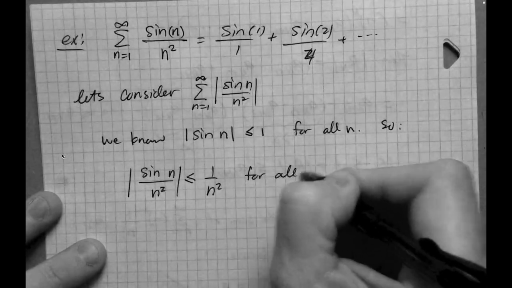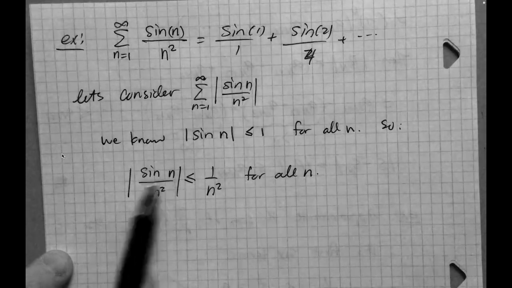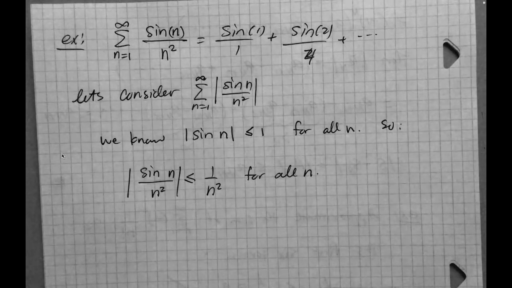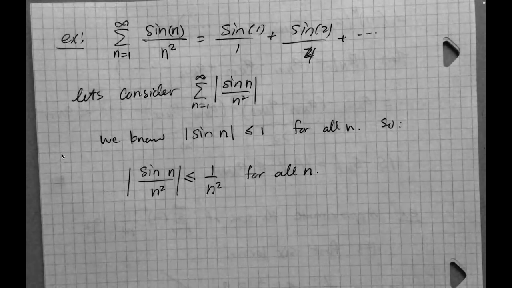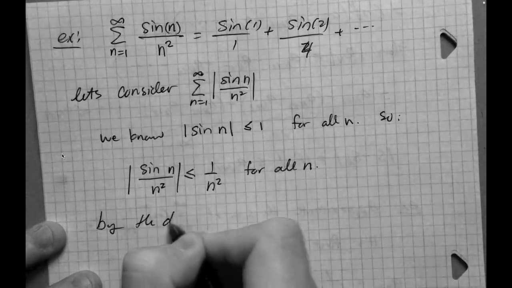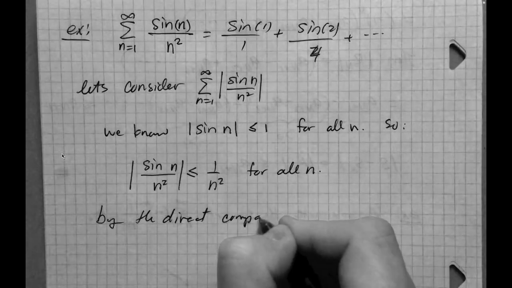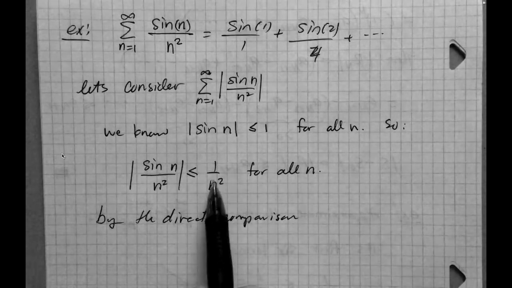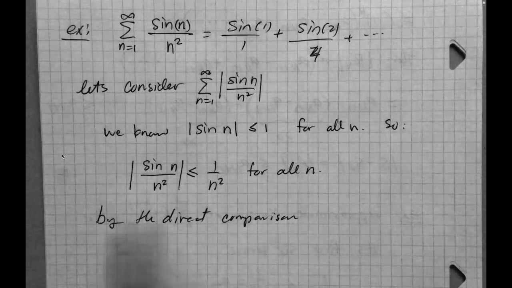At most, the numerator will be 1, and many times it'll be less than 1, which makes this piece smaller. So by the direct comparison test, we know that this guy here converges, and so this other one must as well.